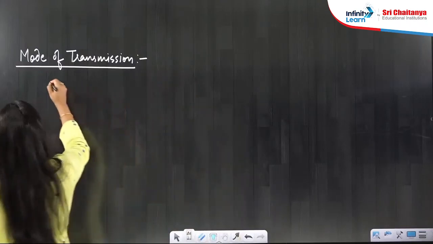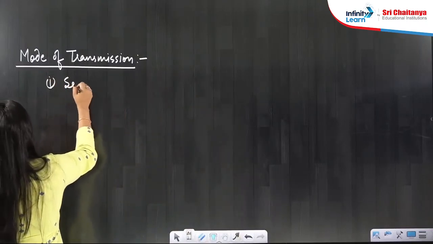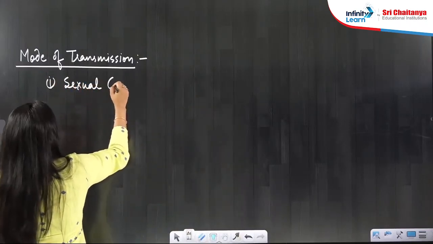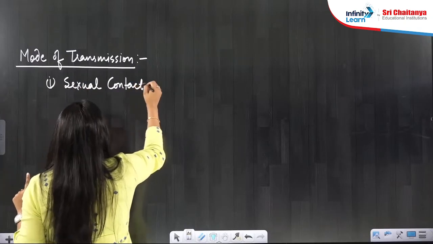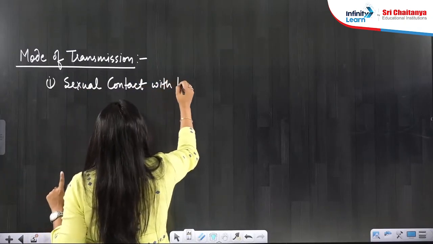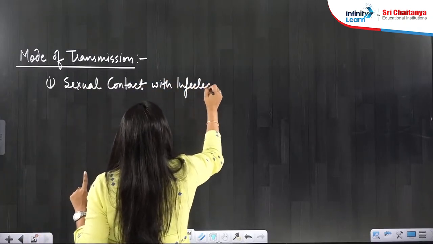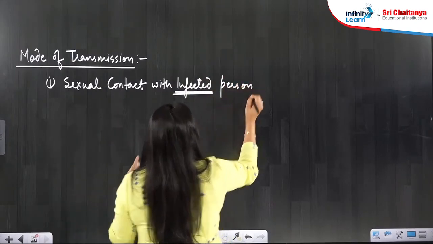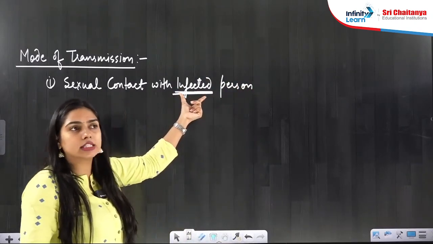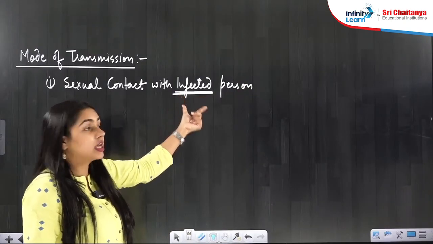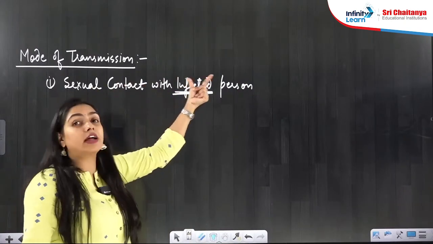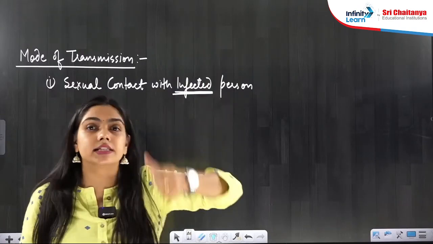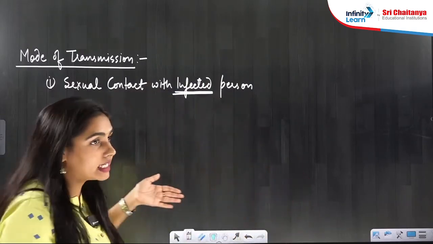The very first mode of transmission is sexual contact with an infected person. Sexual contact with a normal person will not cause AIDS or HIV infection. That is why it is an STD, sexually transmitted disease.